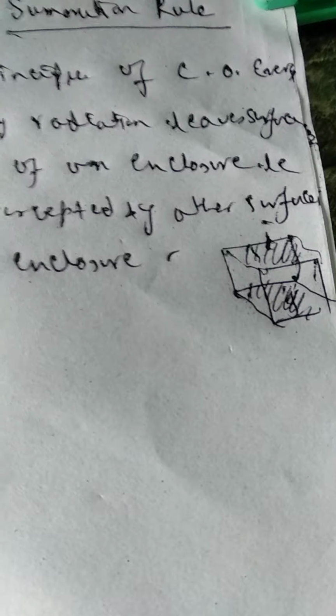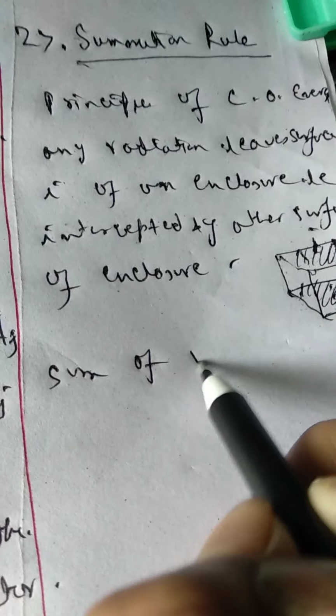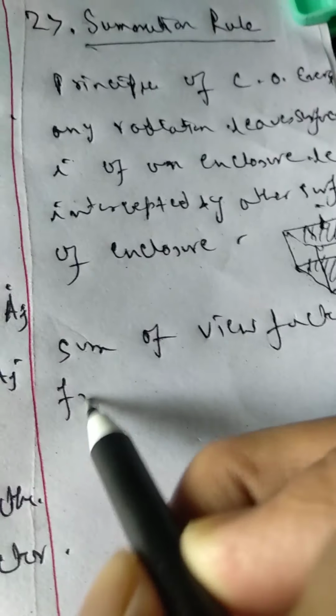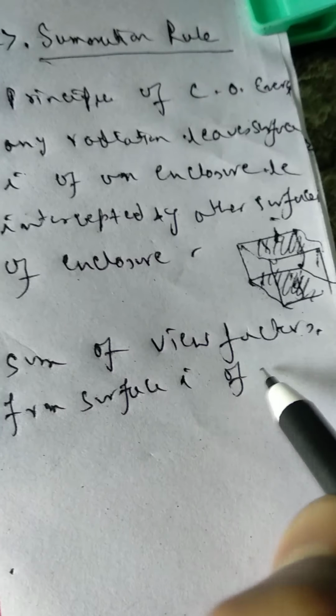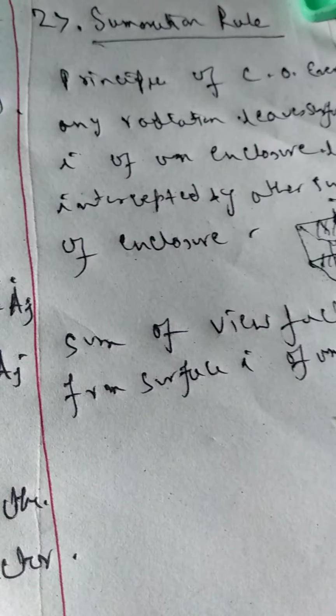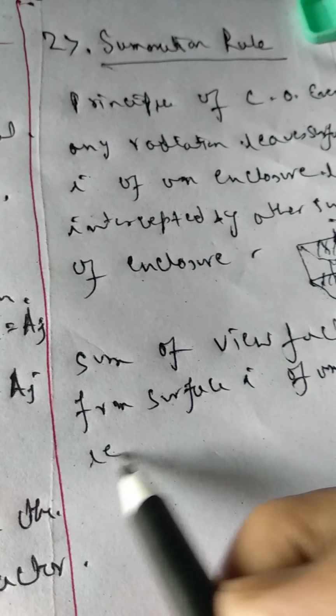Okay, so now the sum of the view factors from surface i of an enclosure would be intercepted by the surfaces of the enclosure.